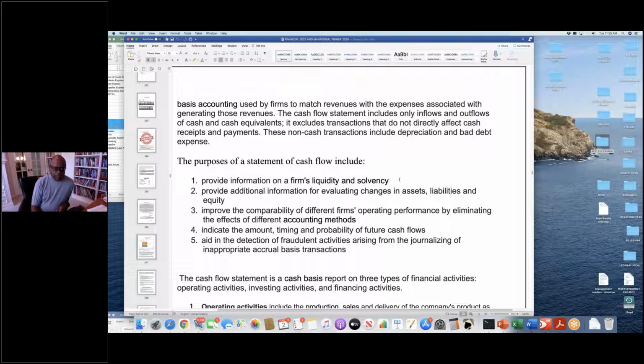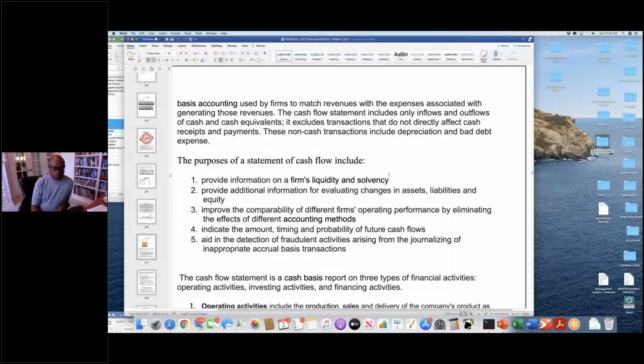And they've got to be liquid assets. If you own some jewelry and your rent comes due, that's not going to do you any good. So when we're looking at a company, it has to have liquid assets, cash, receivables that are going to turn into cash so that it can pay its liabilities.